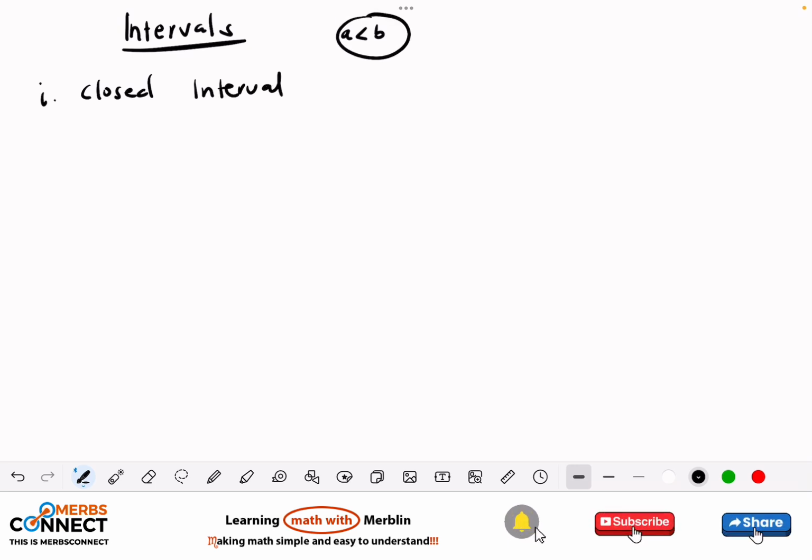Because when I'm writing something on the number line, the one that comes first should be the least value, and the one that comes last should be the greatest value. So with closed, mostly we use this less than or equal to. So I can write this one as [A, B].